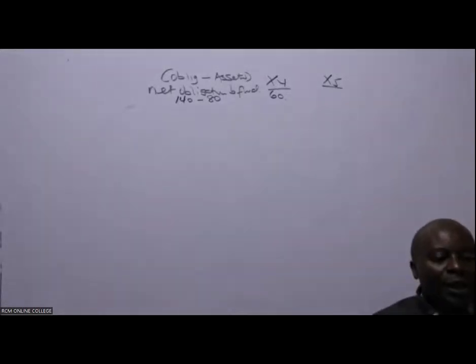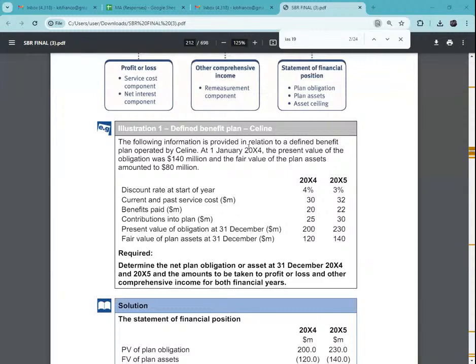It is here: at the beginning of January 20X4, the present value of the obligation was 140, and the fair value of the plan assets was 80. So 140 minus 80 is what we are putting down as 60. Now, the moment I do that, ladies and gentlemen, I know this obligation must earn interest.